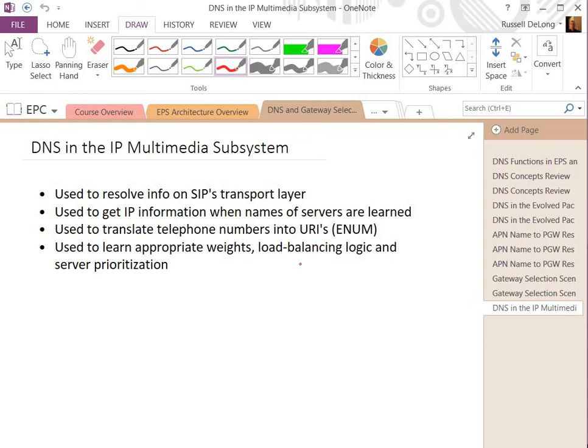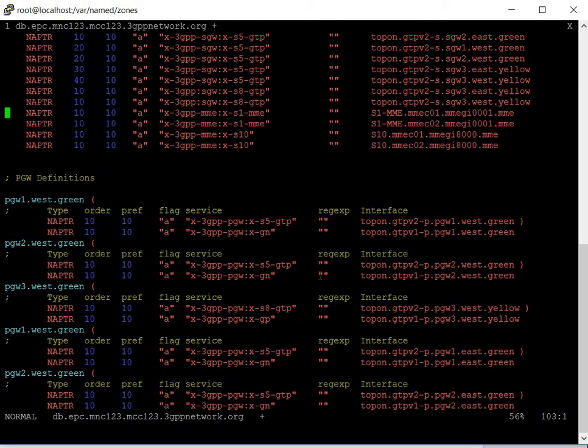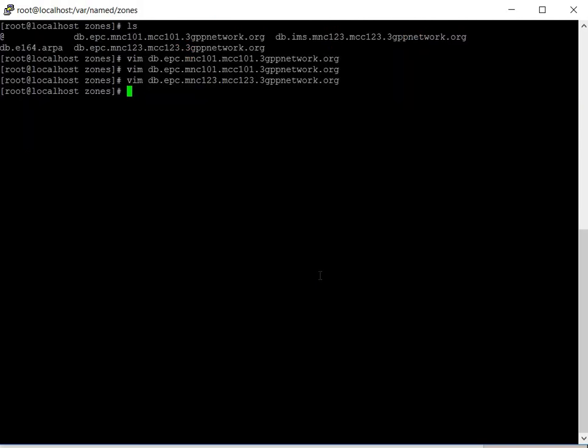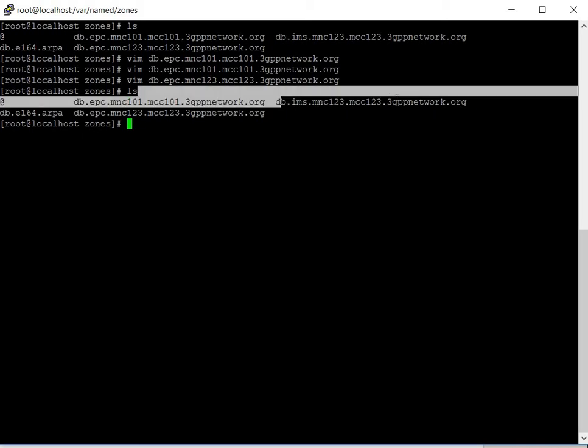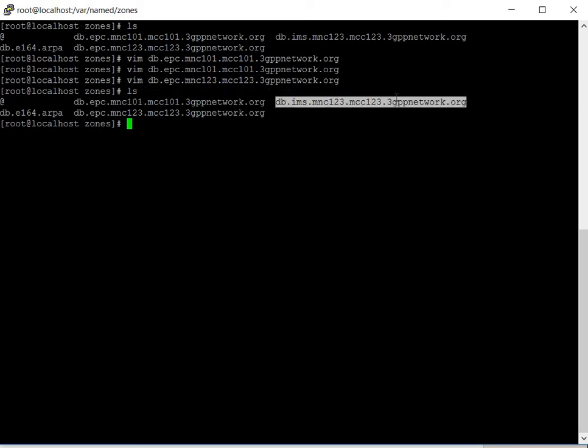And I'm going to kind of reference that here. So I'll go into a DNS config file for IMS and go over some scenarios. You'll notice that the IMS domain name hierarchy is also standardized, and it uses the same 3GPPnetwork.org kind of notation as the EPC does.